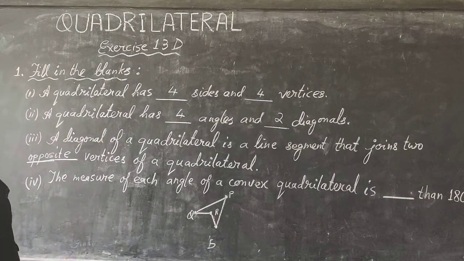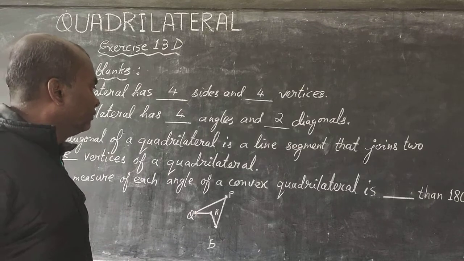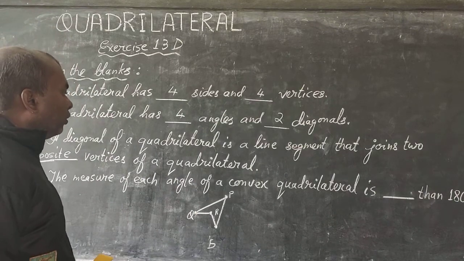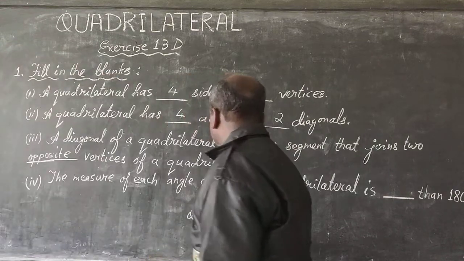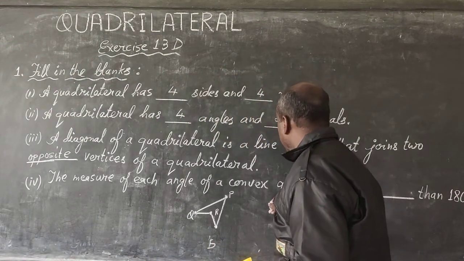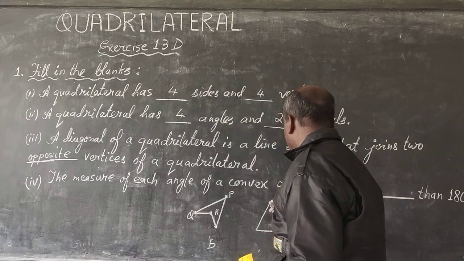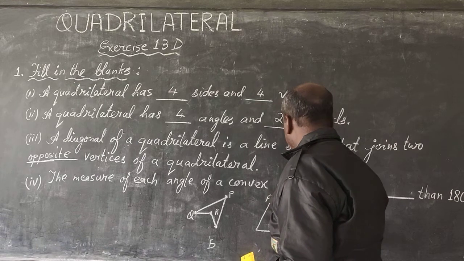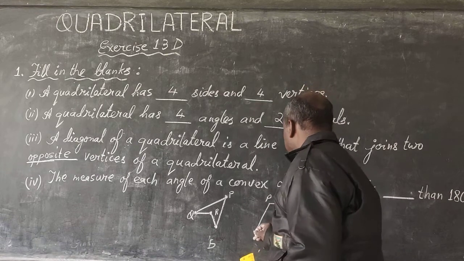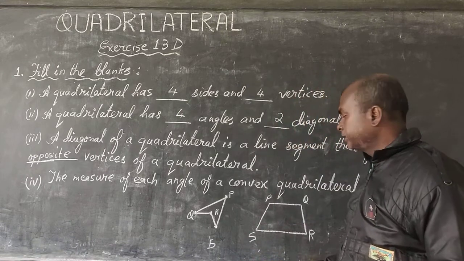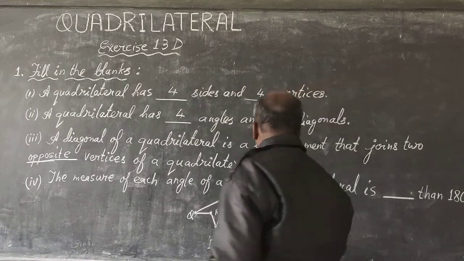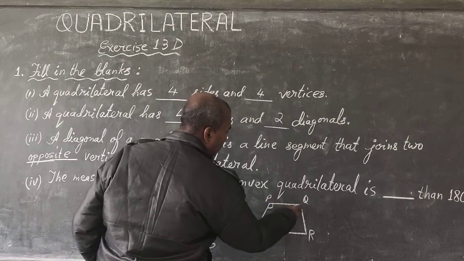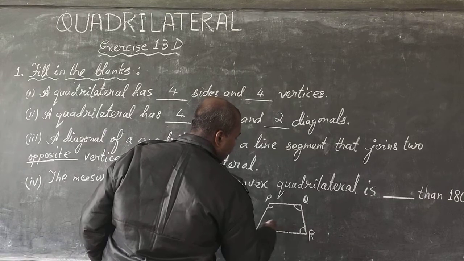Now there are two categories of quadrilaterals: convex quadrilateral and concave quadrilateral. I have drawn over here a concave quadrilateral, and the previous one that I have drawn, remember this one? This is a convex quadrilateral. In convex quadrilateral, the angles are all less than 180 degrees.